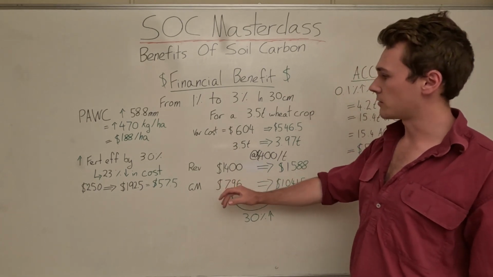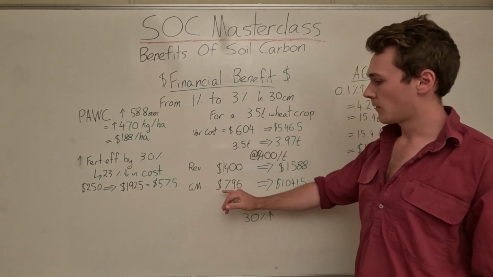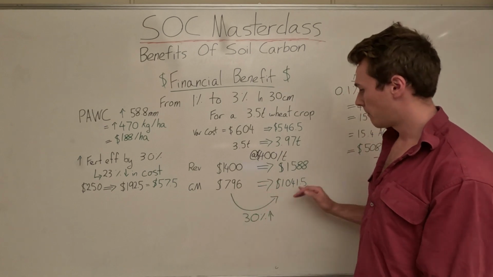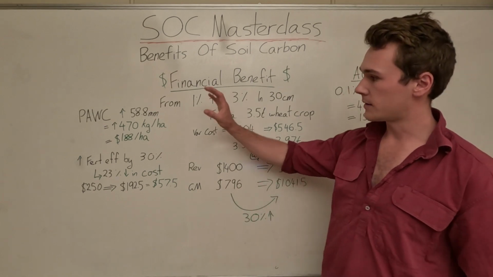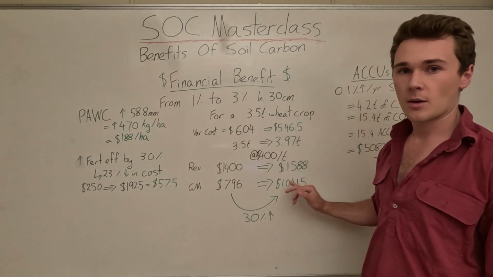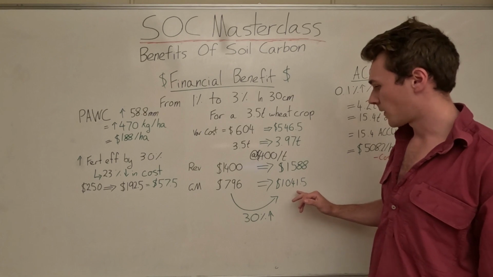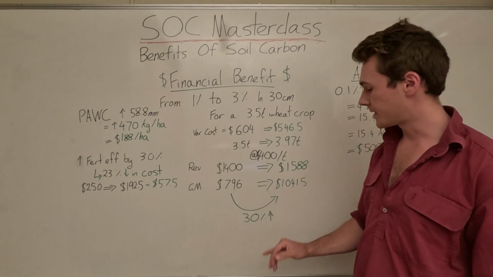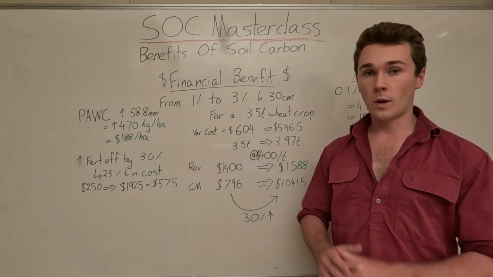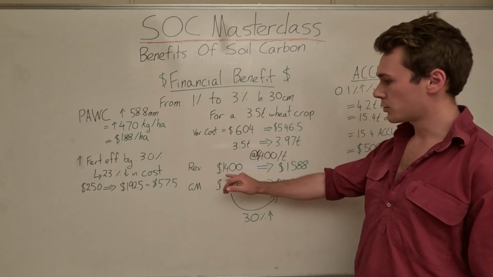So the gross margin estimated from a typical crop was about almost $800. But when we increase our water holding capacity and fertiliser efficiency, we're able to get $1,041. What's interesting is that's actually a 30% increase in our gross margin, while only getting a 13% increase in our revenue.